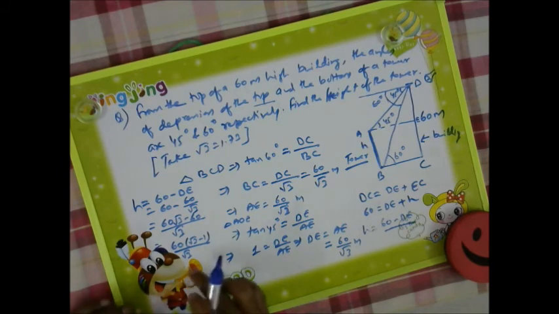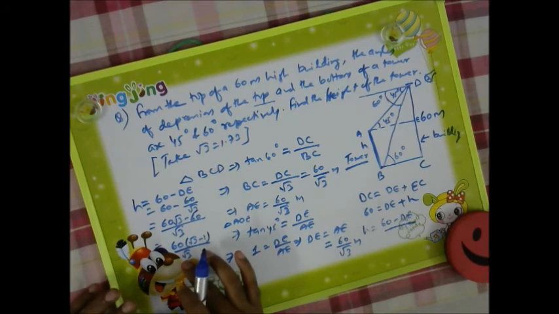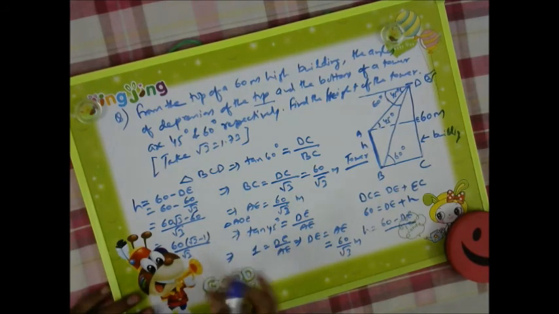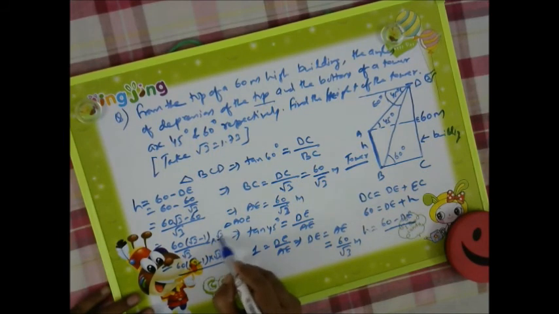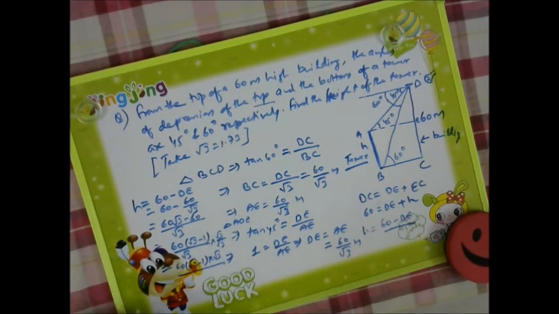We will not directly put 1.73; we will go for rationalization. So we multiply the top and bottom with root 3, so that the denominator becomes 3.